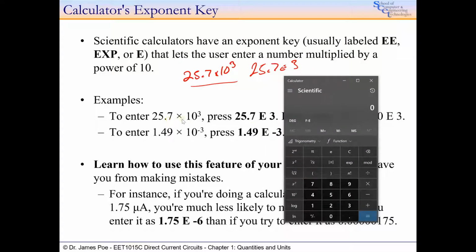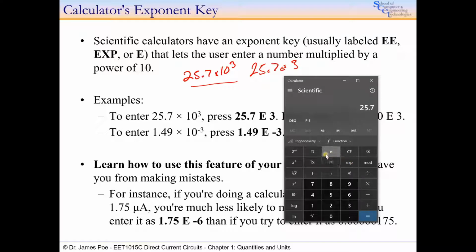So if I want to enter this number, no matter what calculator I'm using, I will enter 25.7. And now I'm going to hit this EXP button. On some calculators, it'll say EXP just like this. Some will say E. Some will say EE.